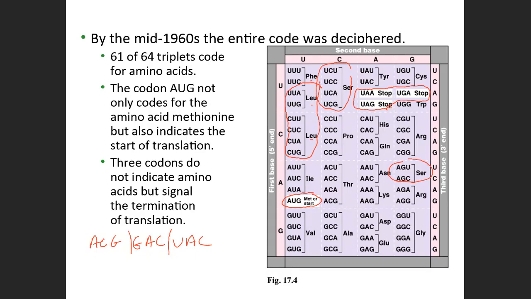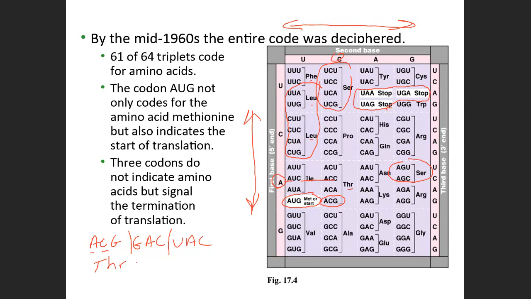So how do you use the chart? Well, the first base, you look along the left-hand side, and the second base, you go across the top, and then the third base, you triangulate and come down. So A, here's A, C, G, here's C, so A, C, G, and that codes for THR, which is threonine.